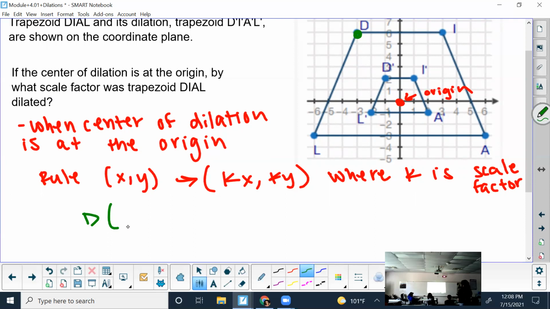Sorry if you're still reading. All right, but the coordinate of point D is -3, 6. And we don't know what k is yet, but we know that D prime is what coordinate?